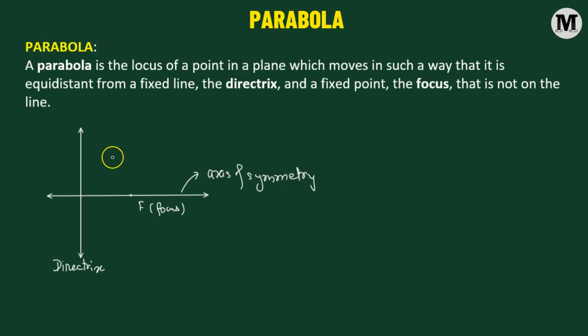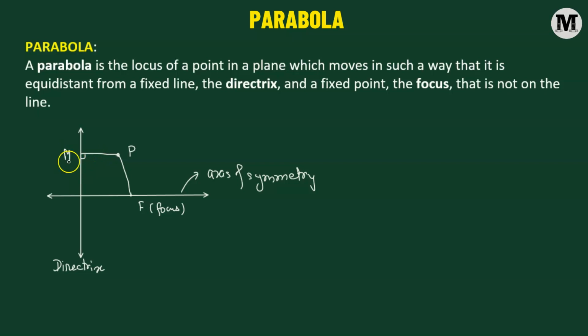Now we're going to consider a point P on this plane. The position of point P is very important. Its position is such that its distance from the focus, PF, is going to be exactly equal to the distance of the same point from the directrix. This is going to be the perpendicular distance we have to consider.